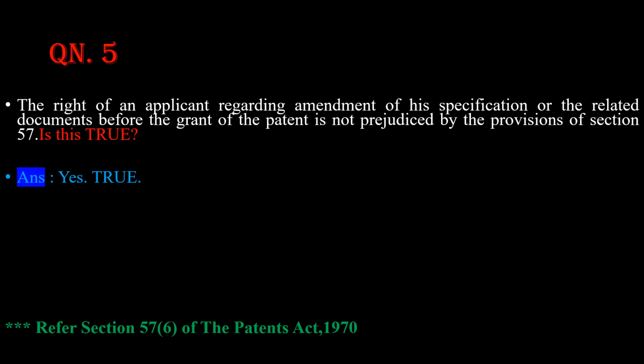That means we are discussing the right of an applicant when we are discussing amendment, before the grant of the patent, is not prejudiced by the provisions of section 57. So is this statement true? Yes. The answer is this statement is 100% true. To be 100% sure, please refer section 57, subsection 6 of the Patents Act 1970.